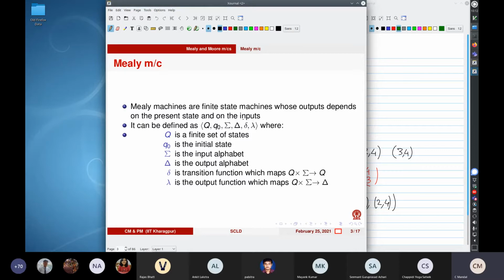So as usual, you have a finite set of states. You have a designated state called the initial state. That's where the machine starts. You might have heard of the term initialization. This initialization simply sets the present state of the machine to the initial state.